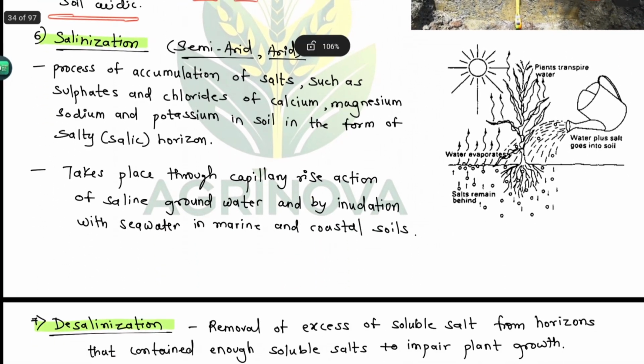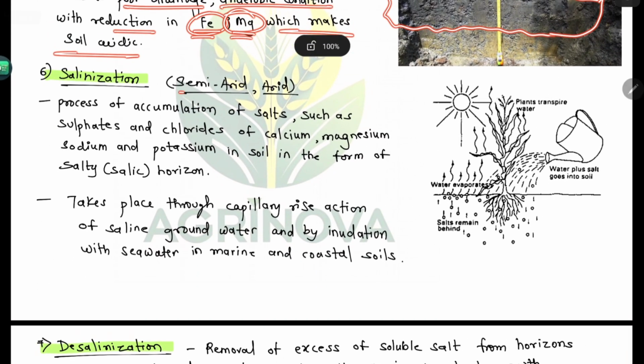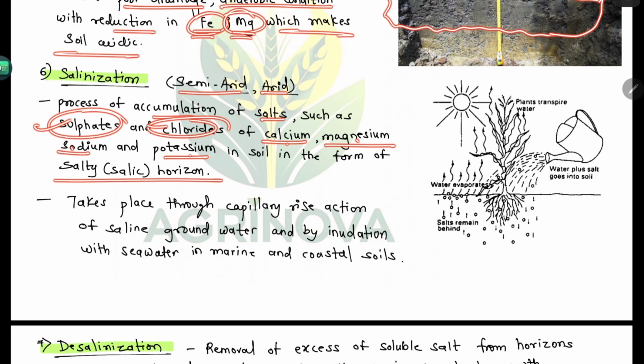The next, what do you mean by salinization? We know that it forms in semi-arid or arid conditions. Basically, it is a process of accumulation of salts such as sulfates and chlorides of calcium, magnesium, sodium, and potassium in the soil in the form of a salty horizon.